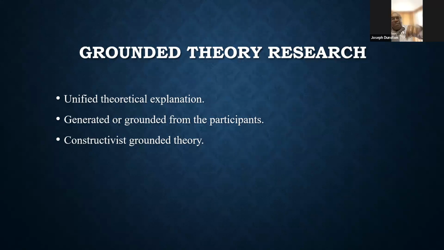It develops a systematic theory to explain the process, action, or interaction. It is generated or grounded from the participants who have experienced a particular event. That is already established, right? So how do you do that?